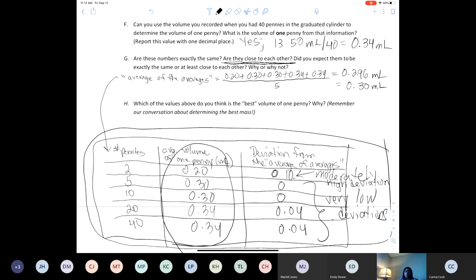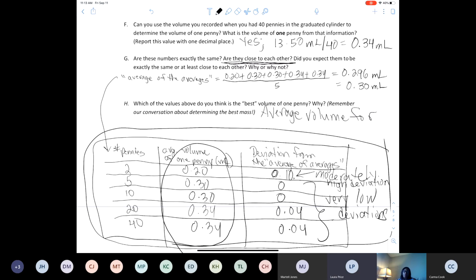So which one did you say was the best volume average for 1 penny? I got 0.35 for mine. So that was your average volume for 40 pennies? Yes. I agree.